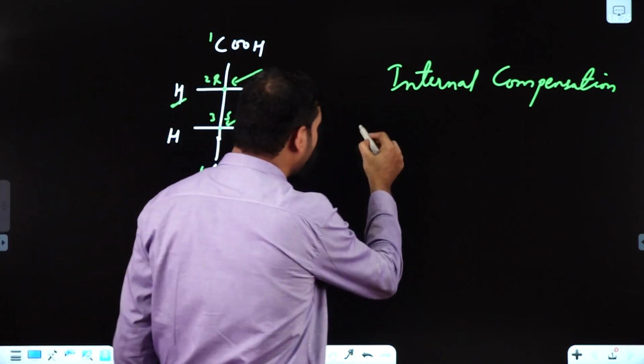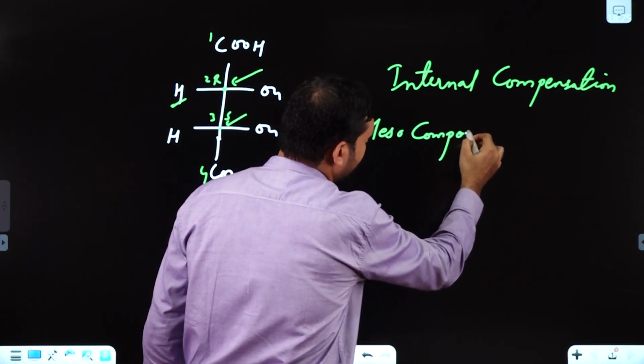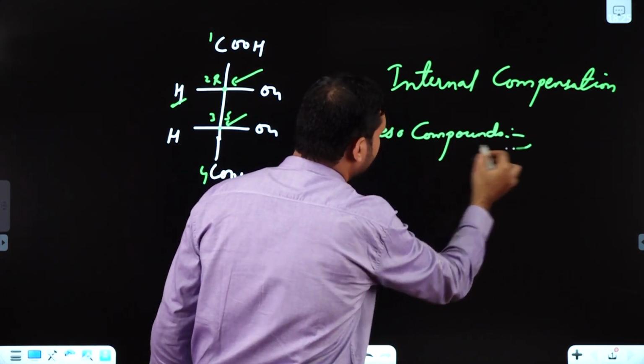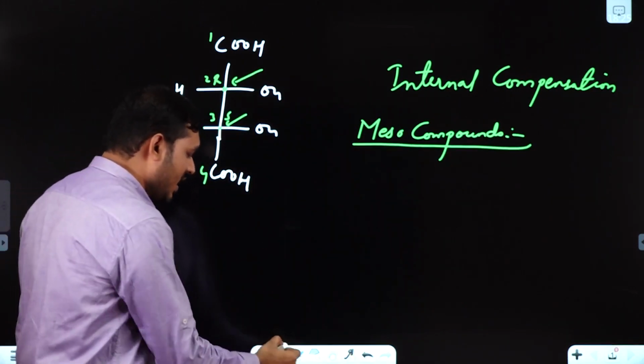Such compounds are called meso compounds. Clear? Now, what are meso compounds? Let me define.